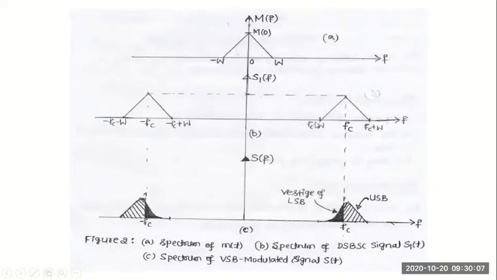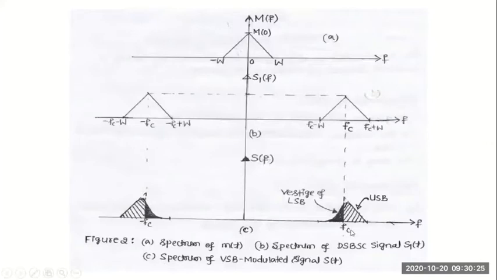So the lower sideband is not required, but because of the characteristics of the filter, it's non-ideal, I take out a small portion of LSB also along with the complete required USB.